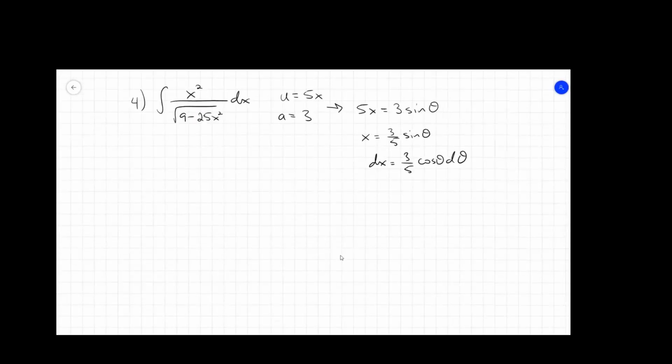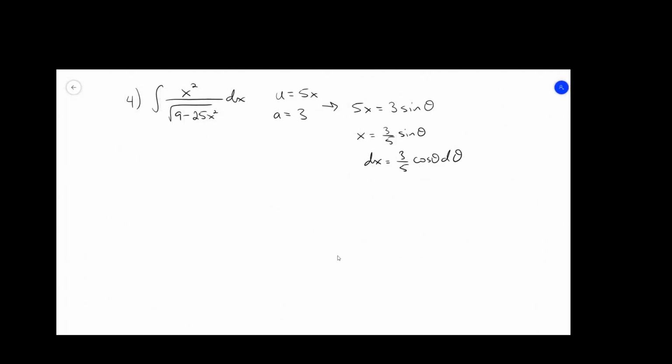Okay, and then what happens to this radical term, the root of 9 minus 25x squared? Keep in mind that this is the same as 9 minus 5x squared. You see that? And so you can see why I wanted to have the 5x equal to that, because there's the 5x now. So with that in mind, this becomes the square root of 9 minus, well, what does 5x turn into?